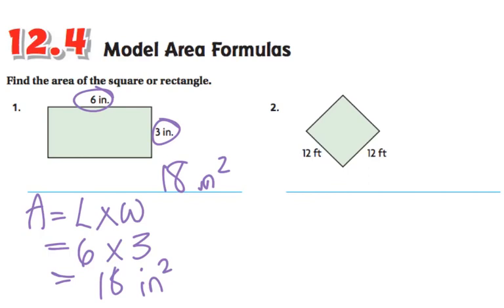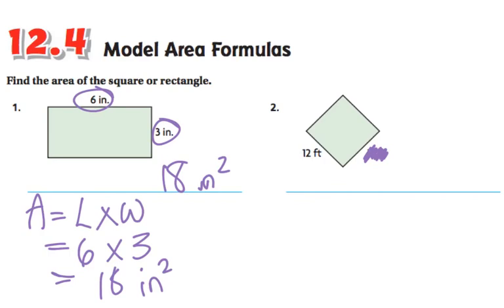Now look at this one. We may call it a rhombus or a square. What we notice is that the side lengths are the same. A lot of times they're only going to give us one side length, because all the side lengths are the same. But in the picture, they'll just give us one.